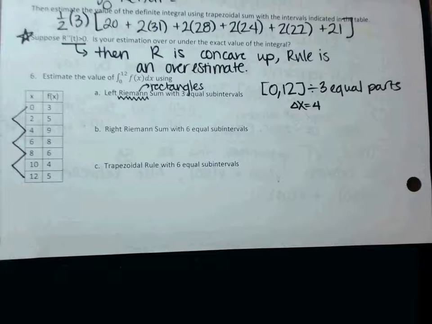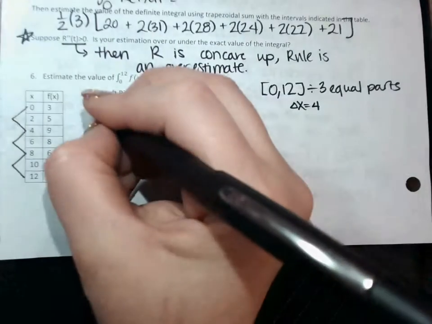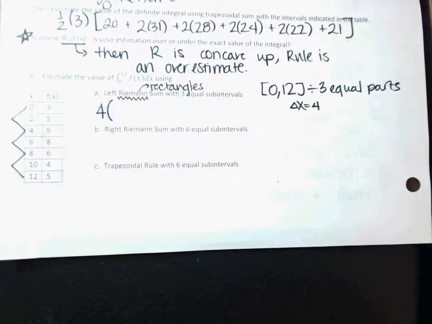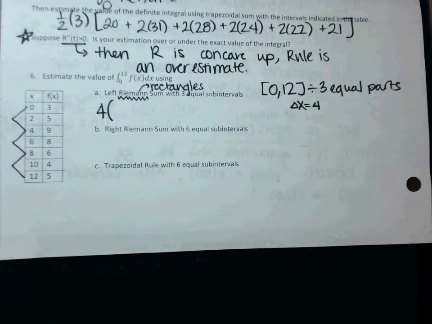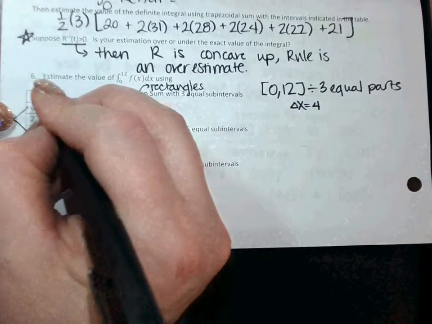Now, also remember, if it's a left Riemann sum, who's going to get skipped? First or last? For a left Riemann sum, the last one gets skipped. So my delta x is 4, and then I'm only going to add the left endpoint each time. So for 0 to 4, my left endpoint is 3.